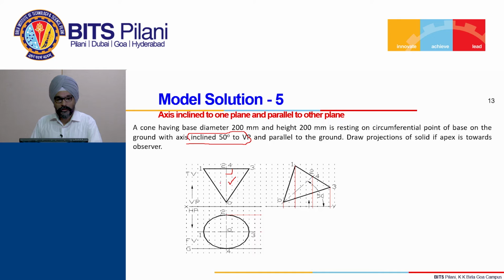We copy this whole thing and paste it here, and then we rotate it by 40, so that the inclination of the axis remains as 50 degree. From here you are clear that if you view from the front, this is the front view here at the bottom that we are drawing, and the apex will come here. So this is the point O.